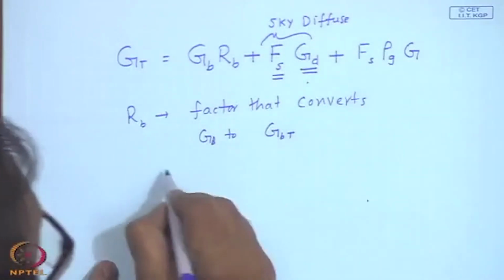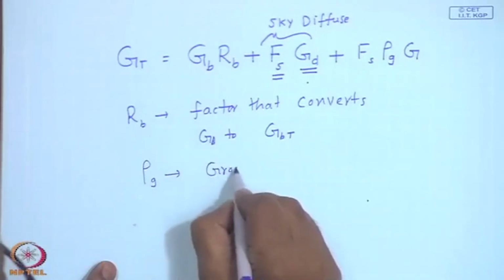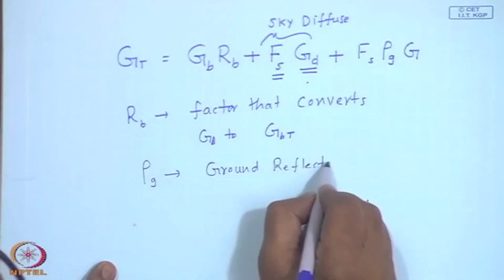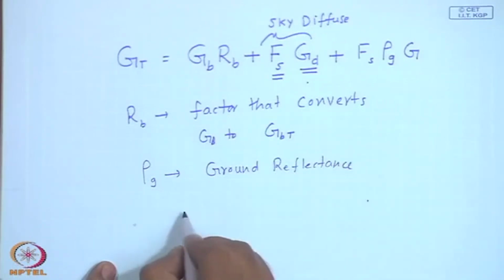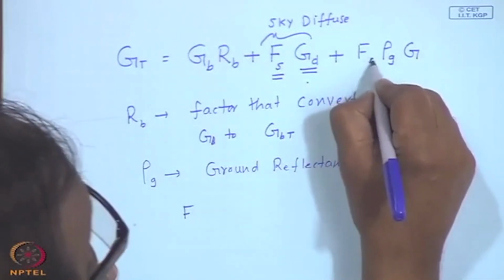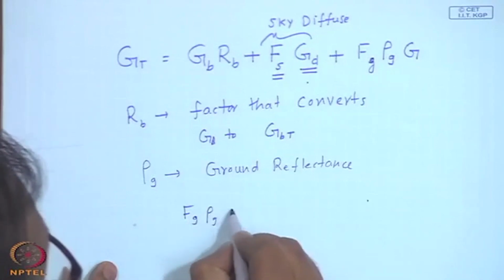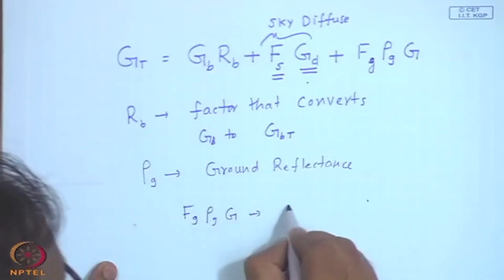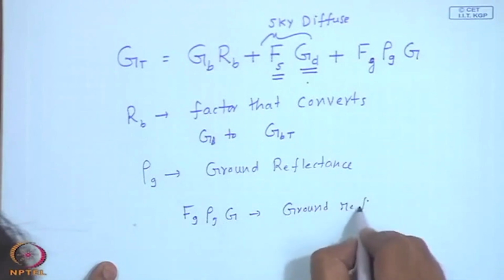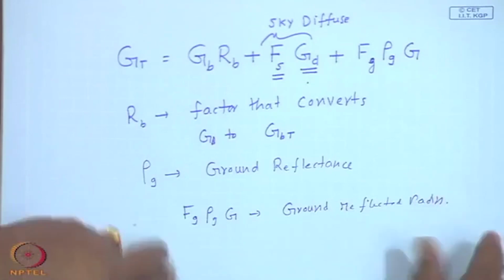And rho G, ground reflectance, so this Fs, F fraction, this should be Fg, sorry, Fg rho G, G is the ground reflected radiation.